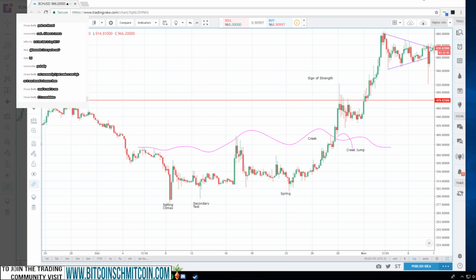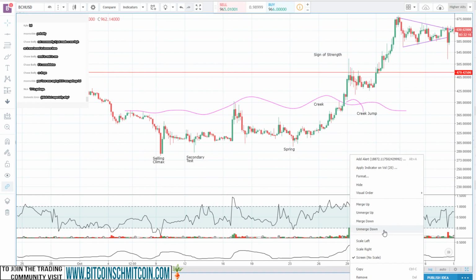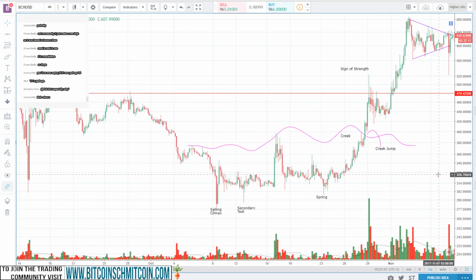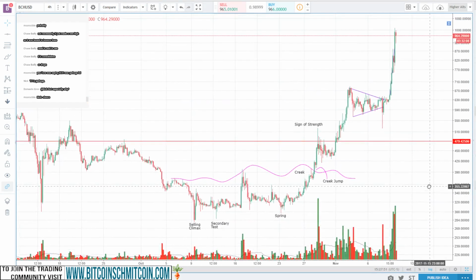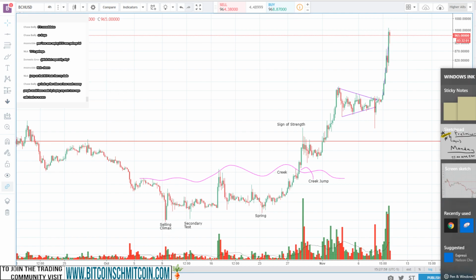But what's very obvious is that we went through an accumulation phase, and if we look at the volume here, it's very obvious that we are going through the textbook signs of a bullish continuation, and it just happens over and over and over again here, right?